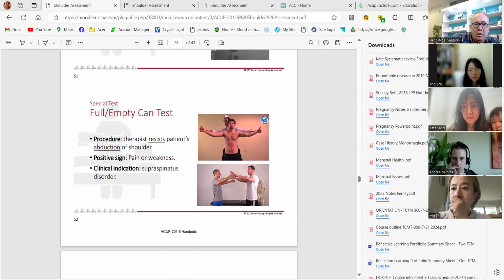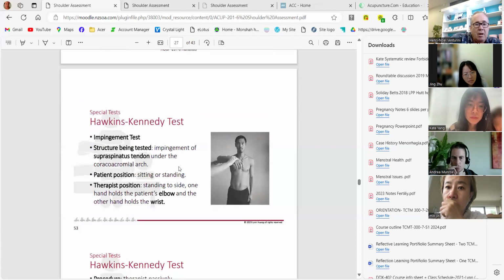If your client's a female and you're a male therapist, this is a test that most women would not be comfortable with in that position. It's best to perform it this way. So we're looking at the resistance, we're looking at abduction of the shoulder, we're looking for pain and weakness, and supraspinatus disorder.